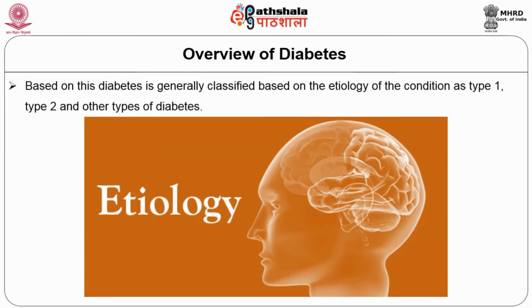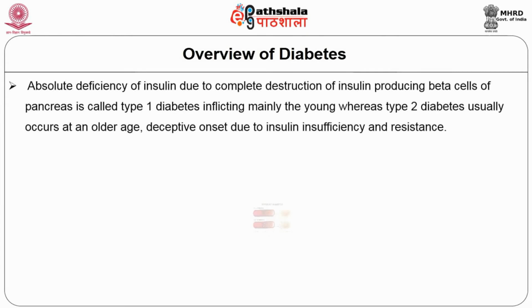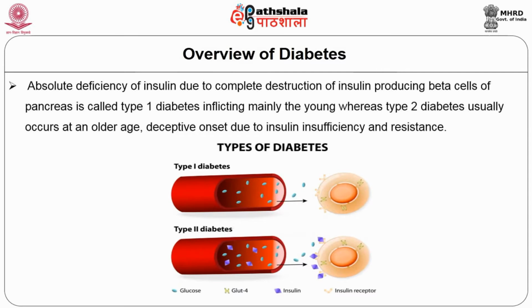Diabetes is generally classified based on etiological factors as type 1 diabetes and type 2 diabetes. Absolute deficiency of insulin due to complete destruction of beta cells is called type 1 diabetes. It mainly afflicts the young, whereas type 2 diabetes usually occurs at an older age with deceptive onset, due to insulin insufficiency and resistance.